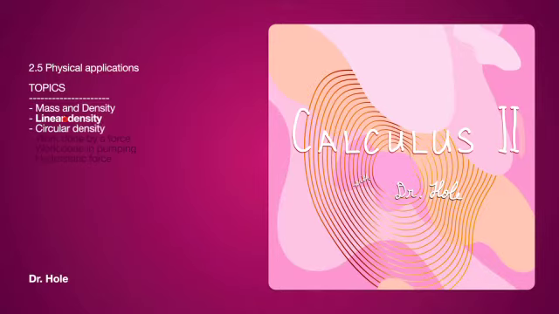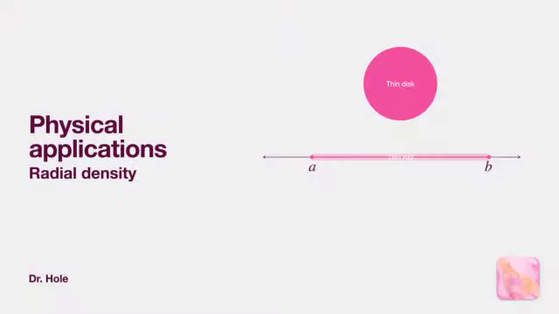Next, let's consider the idea of a circular density function. And instead of the object being a thin rod, let's suppose that we want to consider an object which is a thin disk.